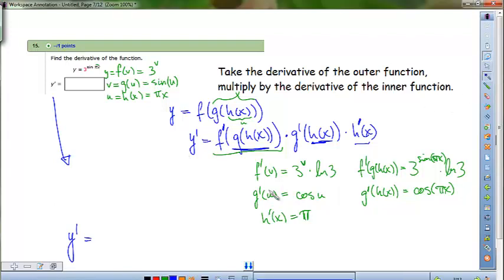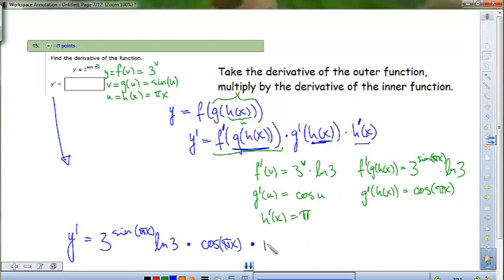We have y prime of x is equal to f prime of g of h of x, which is 3 to the sine pi x, ln 3, times the derivative of the next layer, the inside. This is cosine pi x, times the derivative of the inside of that, which is pi.